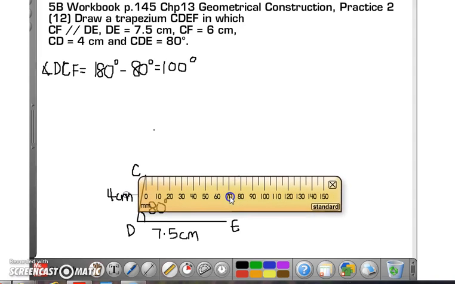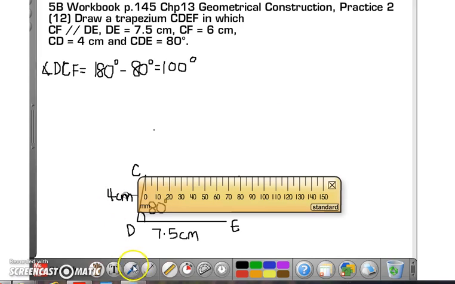Alright, so from point C, making sure that it touches the protractor point, I align it. Okay, and how long will be my line CF? Yes, line CF is 6 centimeters.